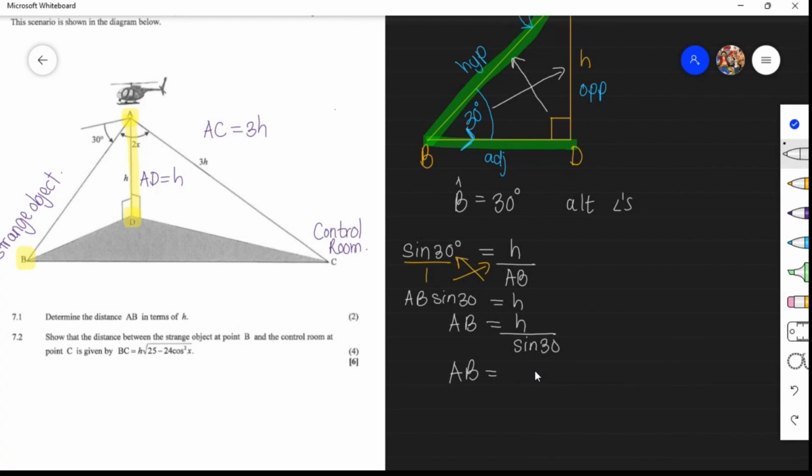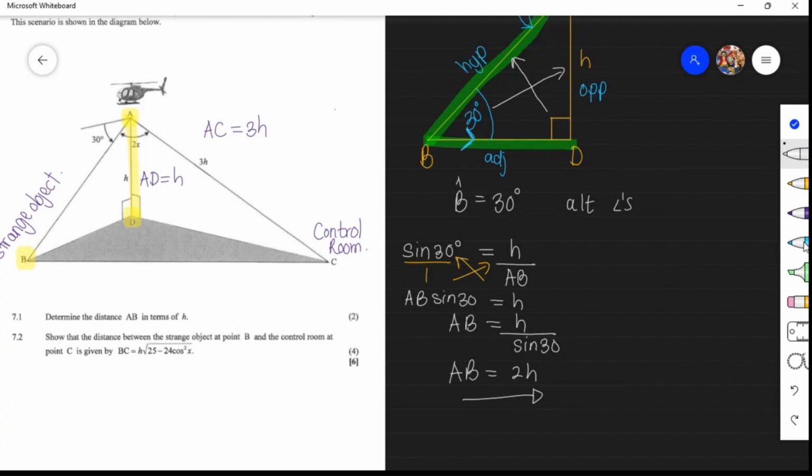Any variable that does not have a number in front of it has an invisible 1. So on your calculator, you'll put 1 over sine 30, and that is going to give you 2. So that then means that we have 2h as our answer. That is the length AB in terms of h.